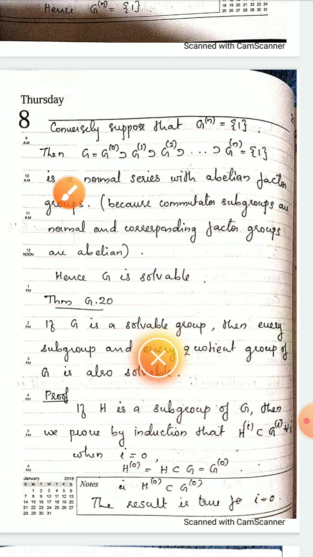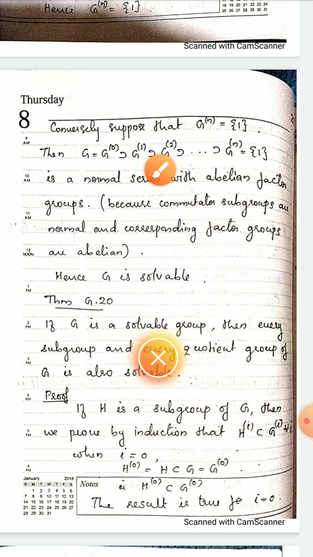And this series is a normal series with abelian factor groups, because we have already seen from the properties of commutator subgroups that commutator subgroups are normal. So G^(0), G^(1), G^(2), etc. up to G^(n) are normal subgroups, and the corresponding factor groups are abelian, because from the property of commutator subgroups, if G' is the commutator subgroup of G, then G by G' is abelian.